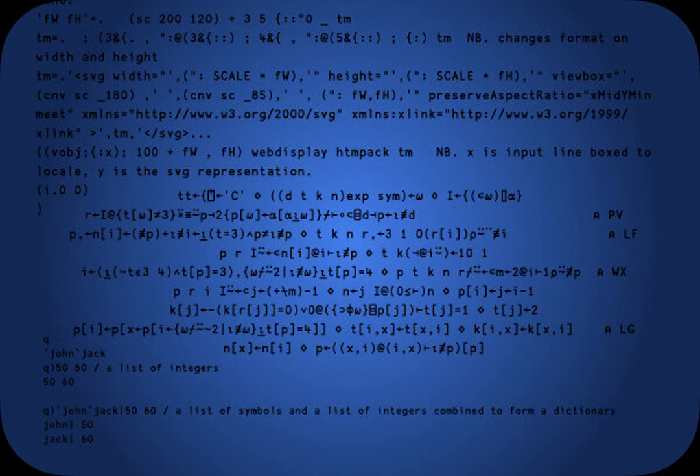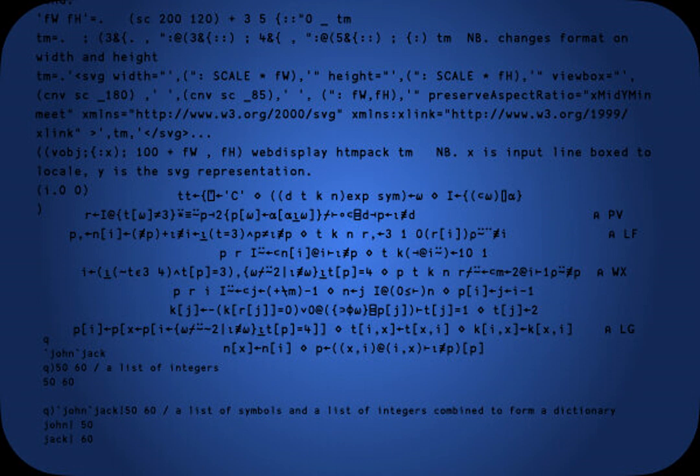In K3, let's point out, there are ints, floats, symbols, characters, and lambdas. There are dictionaries, but dictionaries are atomic. So you can bang a dictionary to get its domain.